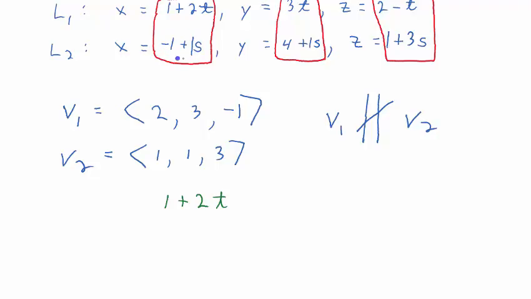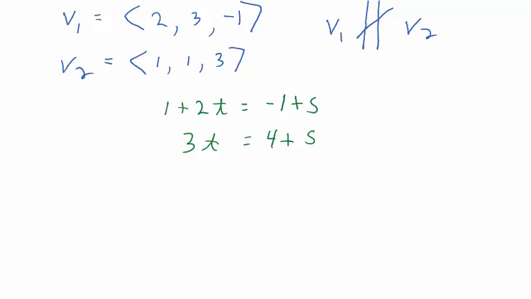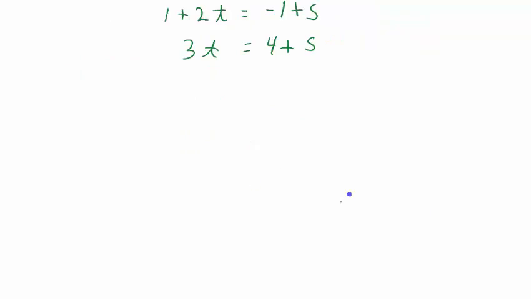The first component in terms of s in line 2 is negative 1 plus s. And then the second equation would be 3t equals 4 plus s. So we solve this system, if possible. I think it will be possible, actually.